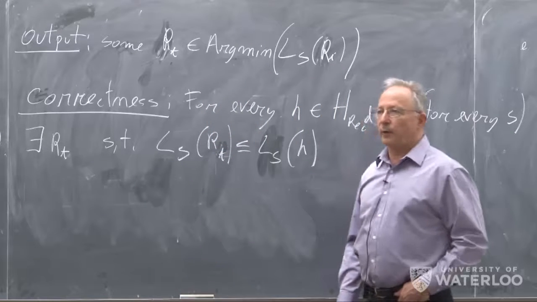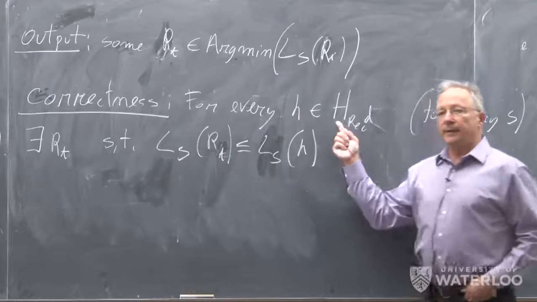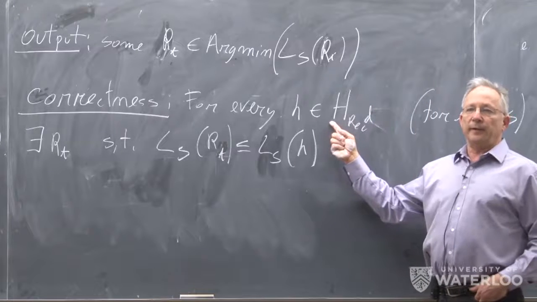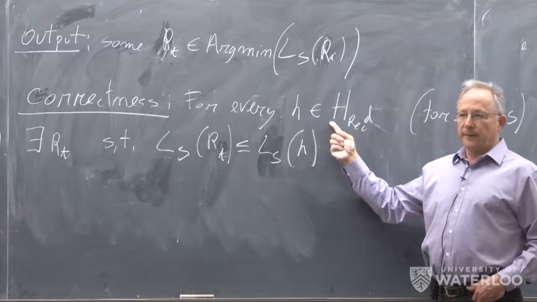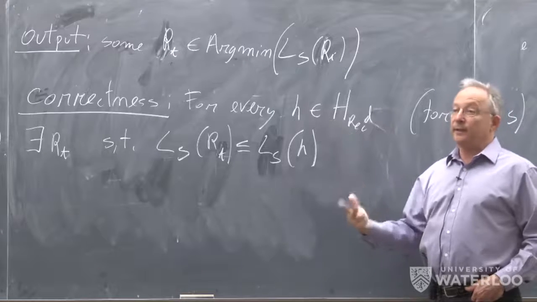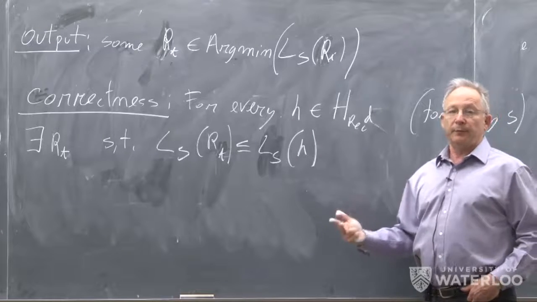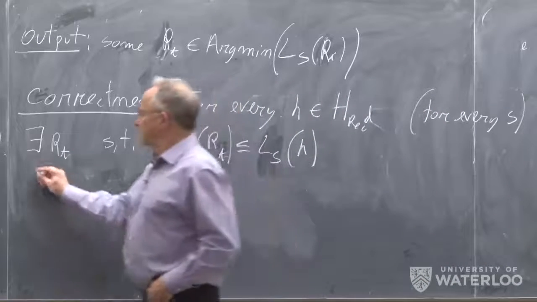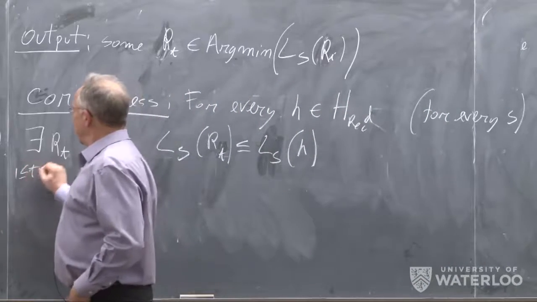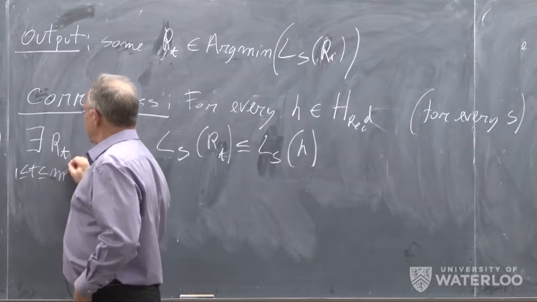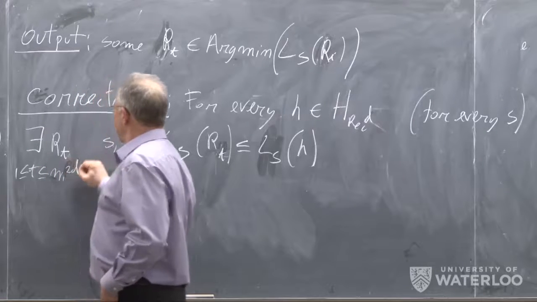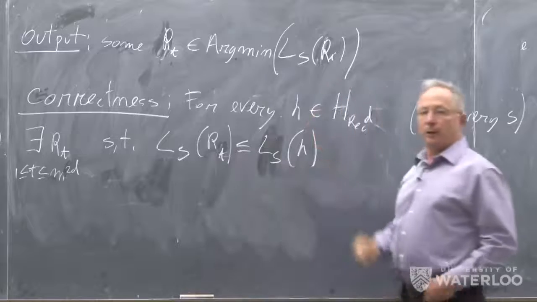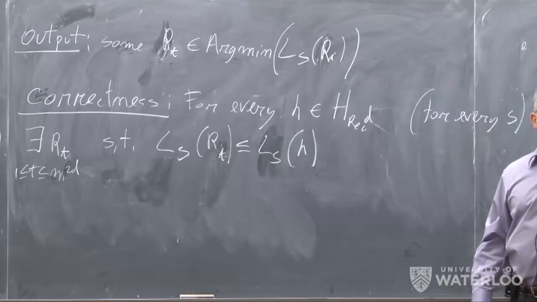So what I'm saying is, although the class itself is infinite, there are infinitely many possible rectangles, for every rectangle, given a sample, there is one of the rectangles in my list, t between 1 and m to the 2D, that has as small an error as this arbitrary rectangle.